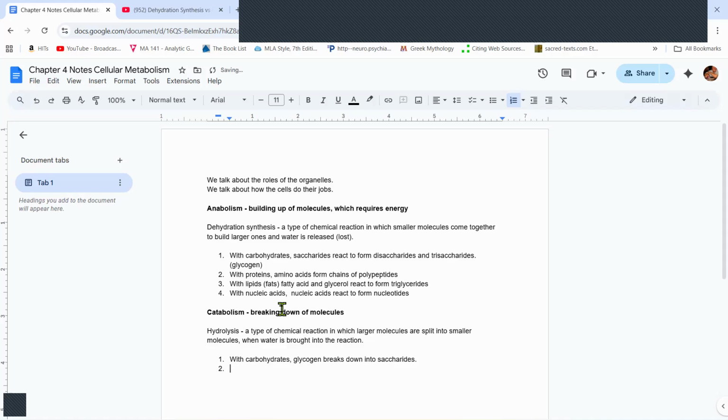With proteins, polypeptides break down into amino acids.